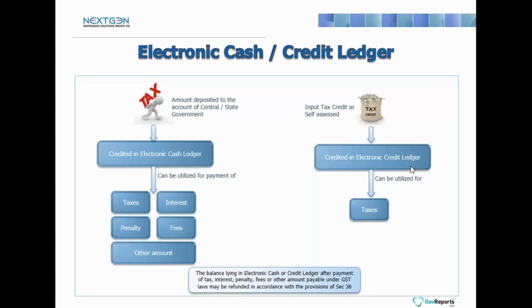Now for the electronic cash ledger also, the compliance software will take the data from the GST portal. It will try to reconcile it with the accounting records, and then in case there are any mismatch items, it will show those mismatch items separately, and then the taxpayer can reconcile these items.